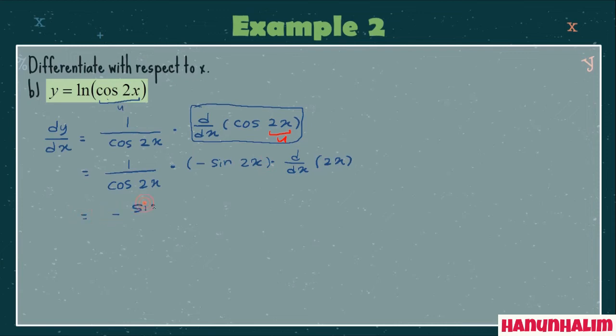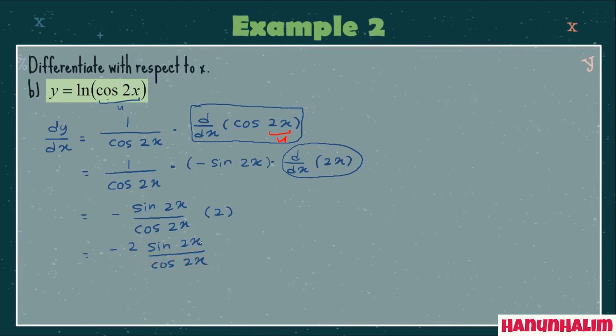Negative sin 2x over cos 2x, and then baru kita fokus differentiate 2x, kita akan dapat 2. Okay, so sebab tu dia punya ni kita boleh simplify jadi negative 2 sin 2x over cos 2x.